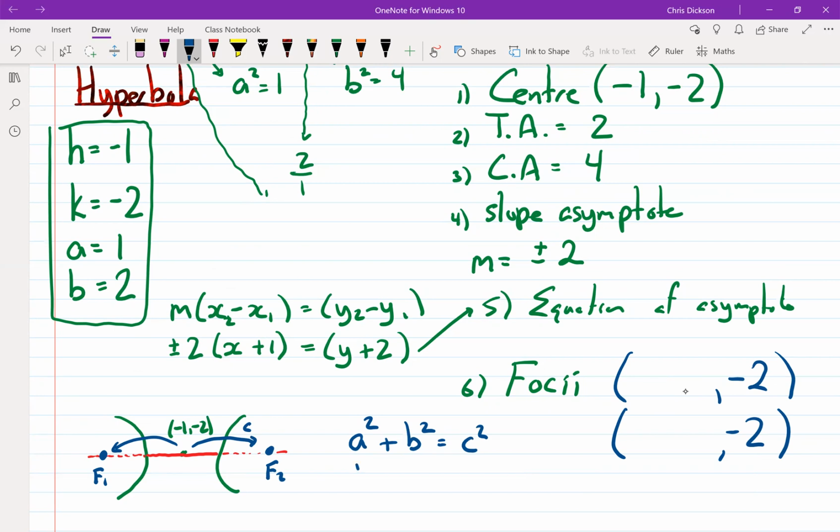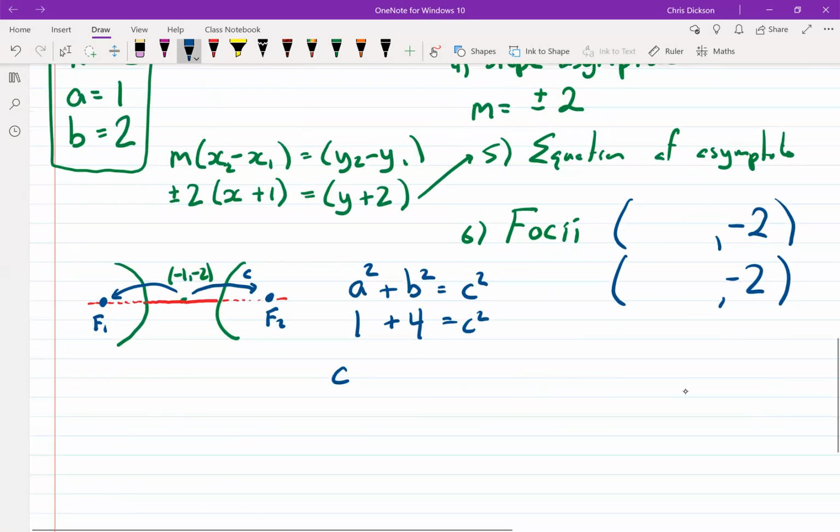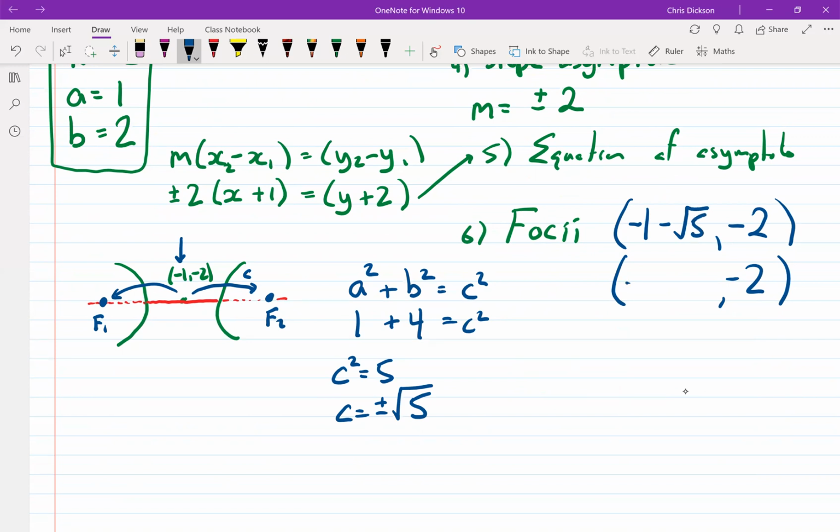So I have 1 plus 4 is equal to c squared, which means c squared is equal to 5, which means c is equal to plus or minus the root of 5. So my center starts at -1. So -1 go left, negative root 5. And then start at -1 and go right, root 5. So there would be my foci then.